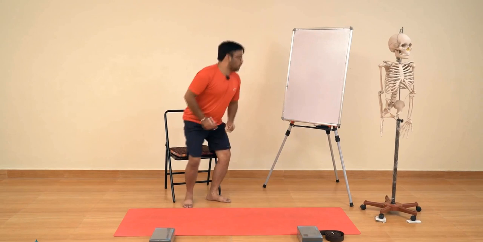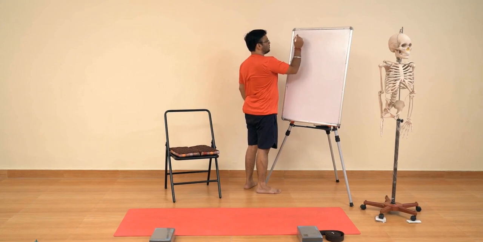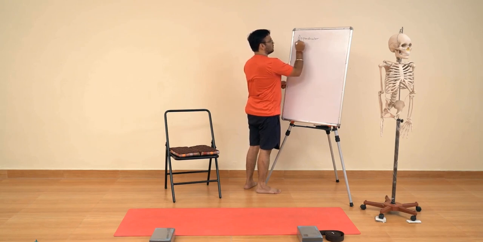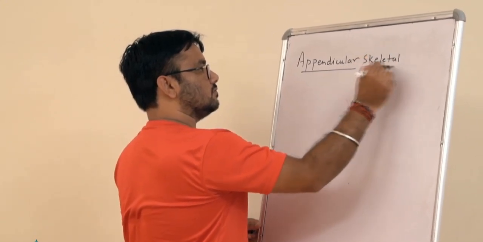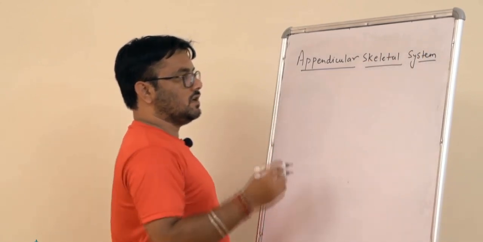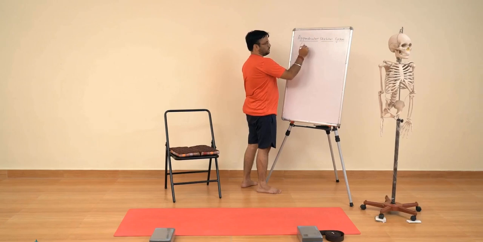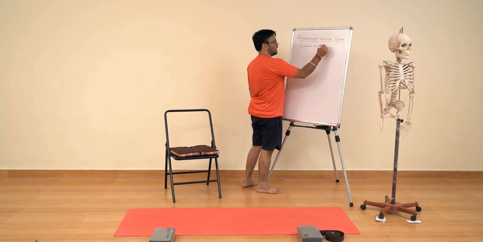So here we go: the appendicular skeletal system, limbs or extremities.